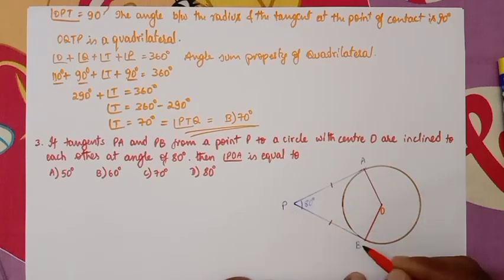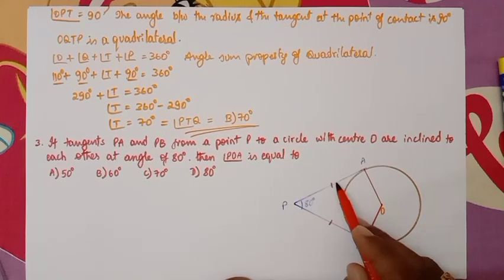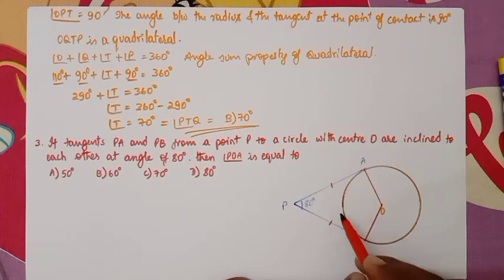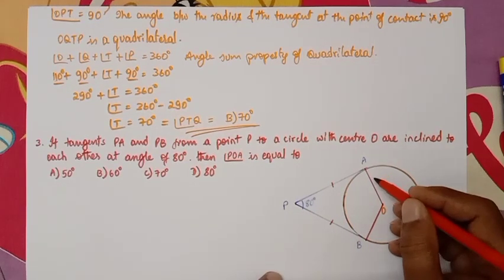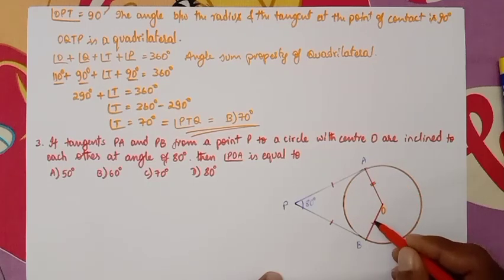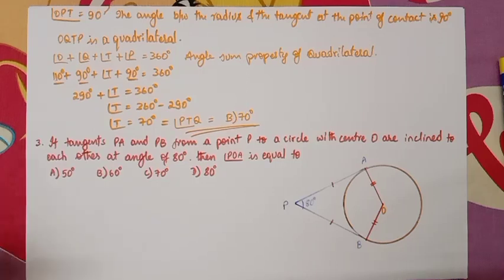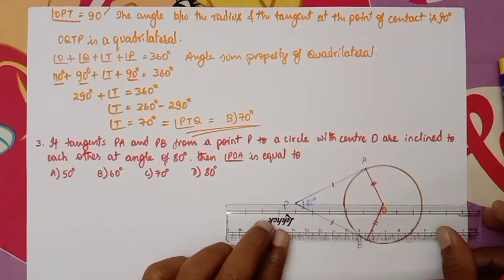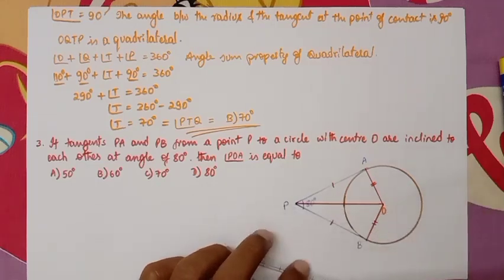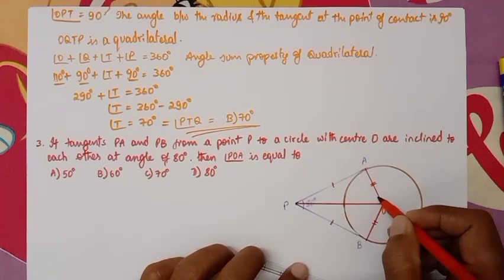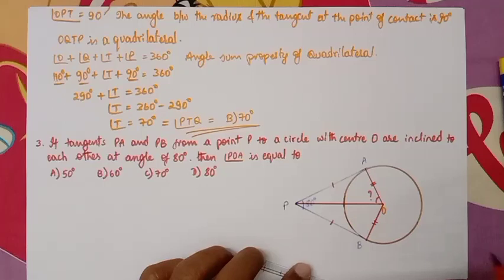PA will be equal to PB. These two are tangents, so they will be equal as they are from the same point to the same circle. And here the radius OA and OB will be equal. Yes, right? And then we will be drawing the PO line, and here POA, this angle we have to find. What does this angle measure?